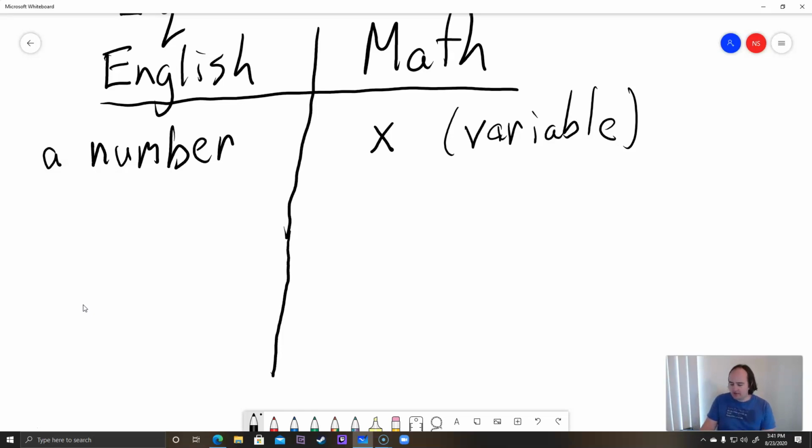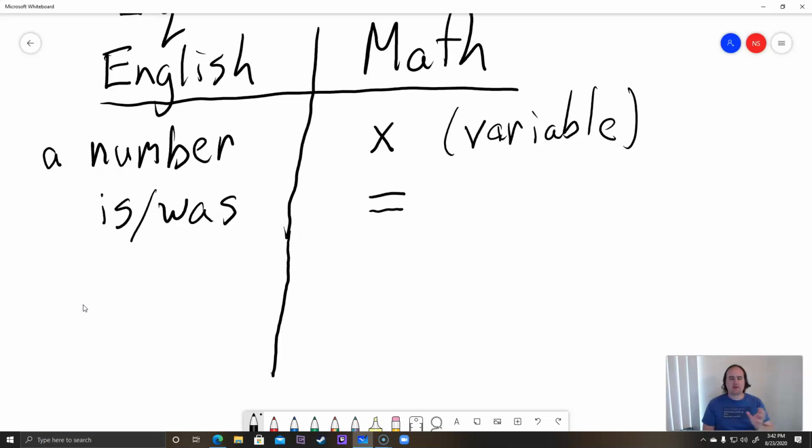Another very common phrase or word would be is or was. And that actually translates as equals. It translates as the equals symbol. So for example, someone might say, a number added to 7 is 2.